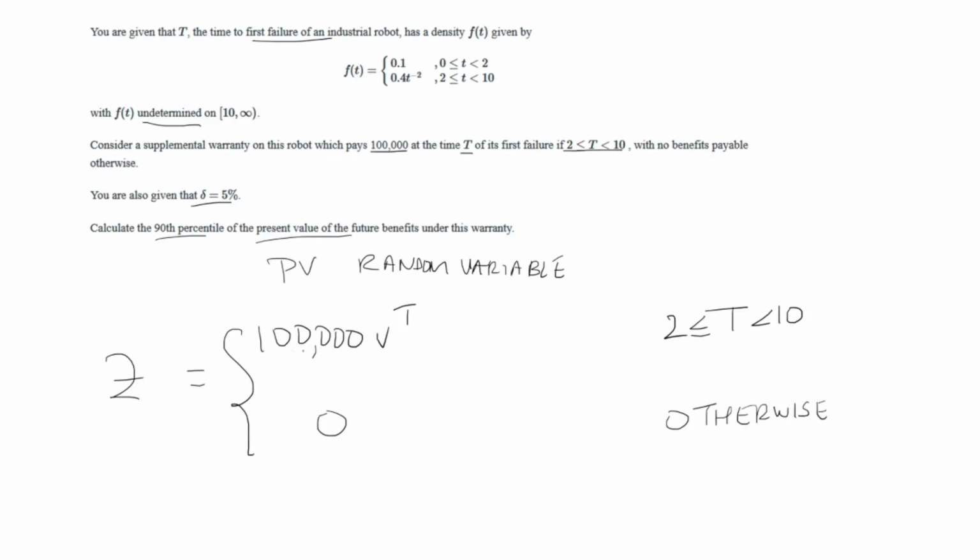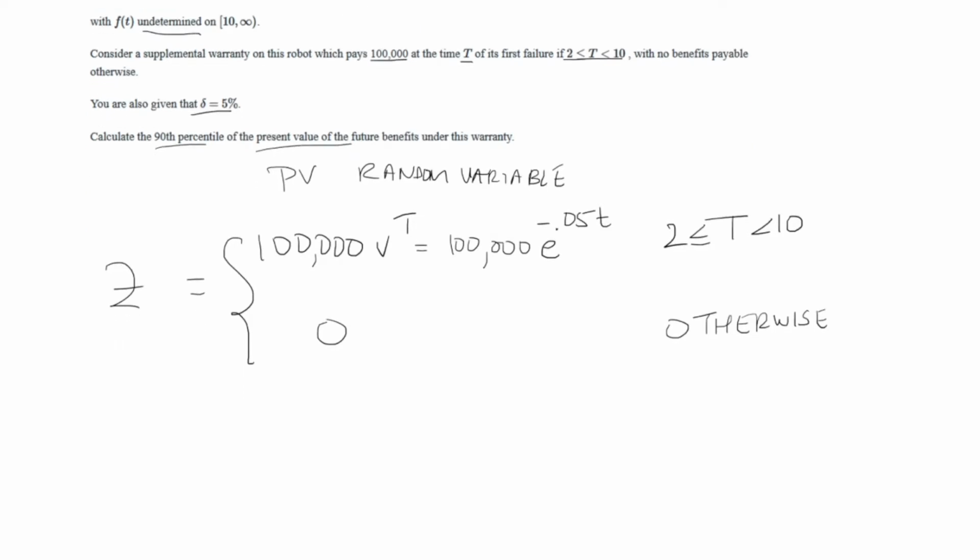The 100,000 represents the benefit amount, or the warranty rather, and v to the t is discounting back t years. So we can replace v to the t as e to the negative 0.05t.